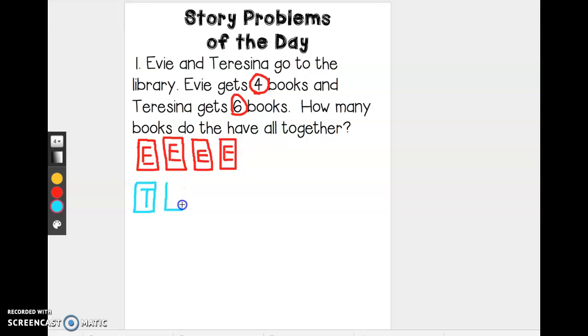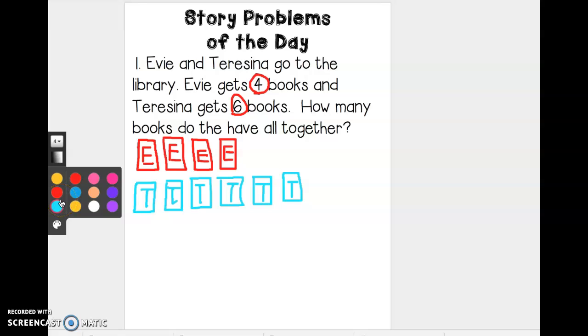So here's 1, 2, 3, 4, 5, and 6. All right, so we have 4 books for Evie and 6 books for Teresina. So now we want to look and see how many we have all together.